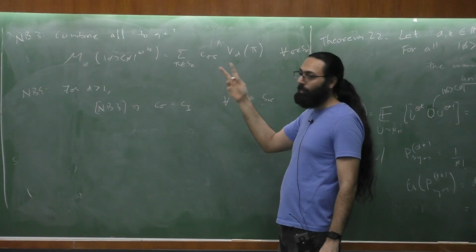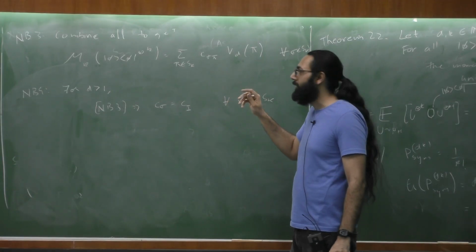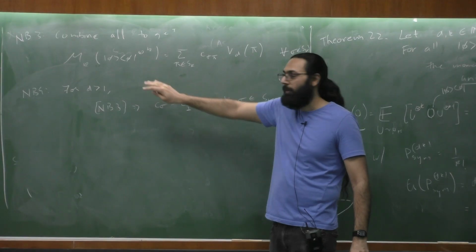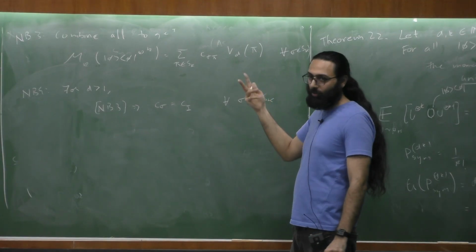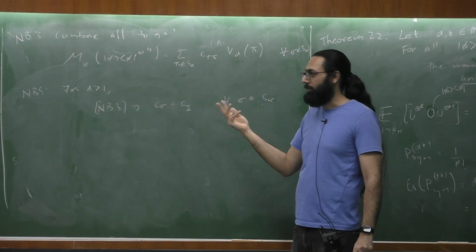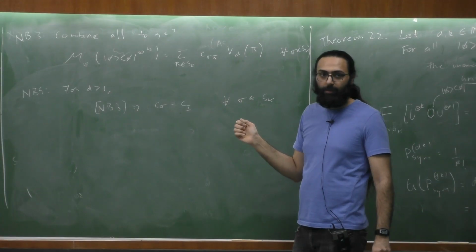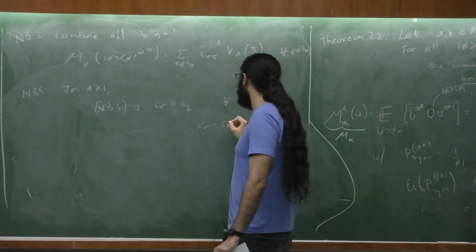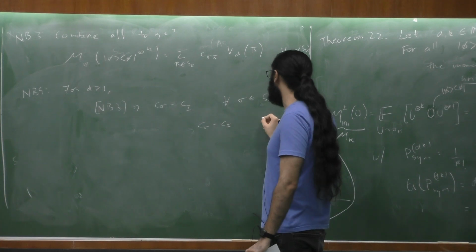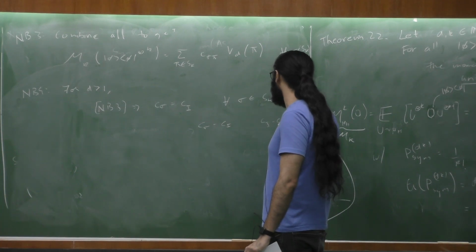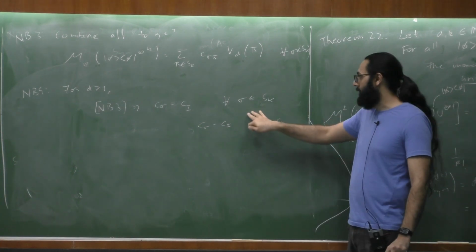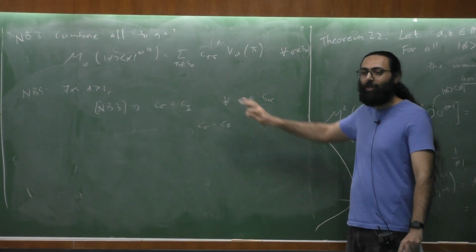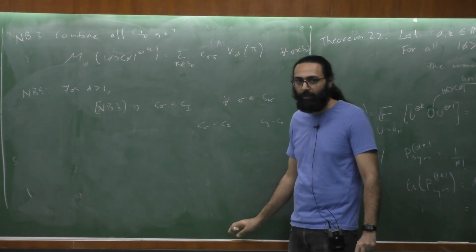You can choose to swap any two elements that you want to show are the same, take the difference, and you'll only have those two terms. So you'll have c_sigma minus c_identity from the first term, and then c_identity minus c_sigma, and then the difference of the operators, which has to vanish. So you'll get that these objects are the same. You can work it out. It's not very hard.